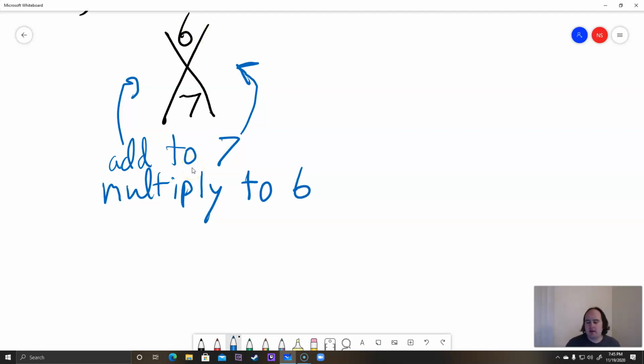To multiply to 6, we can do 2 and 3, but 2 plus 3 is 5, so that doesn't work. The other option is 6 and 1, and that works because 6 times 1 is 6, and 6 plus 1 is 7. So we got it.